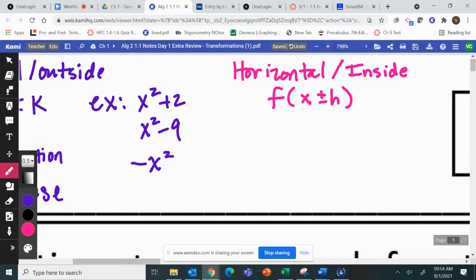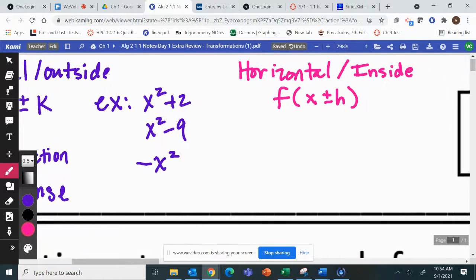So you see how that's in the inside of the parentheses. What do I write next? Oh, parent function. So I'm writing inside parentheses. But remember, when I say parentheses, if we have absolute value bars, those are parentheses also. If it's inside the parentheses, it's going to be horizontal.